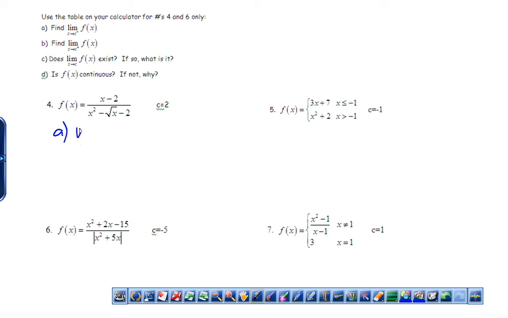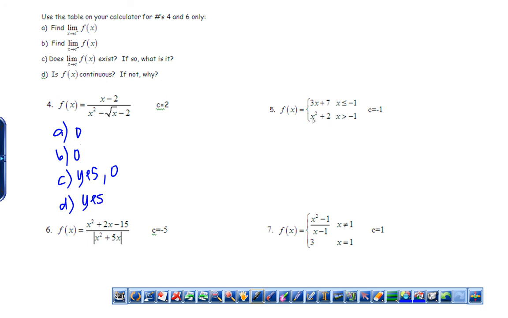Your limit is approaching 0. From the right side, it's also approaching 0. Then we noticed when we looked on the table at 2, does the limit exist? And we're going to say yes, because at 2, it was at 0. D says, is this function continuous? And we're going to say yes.